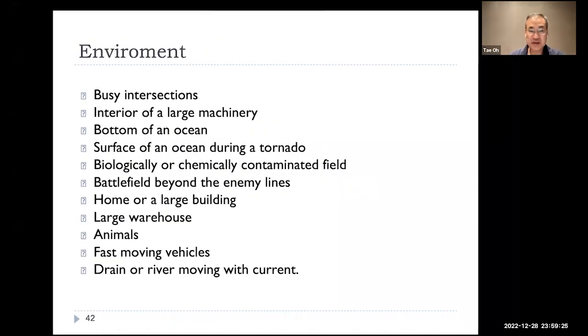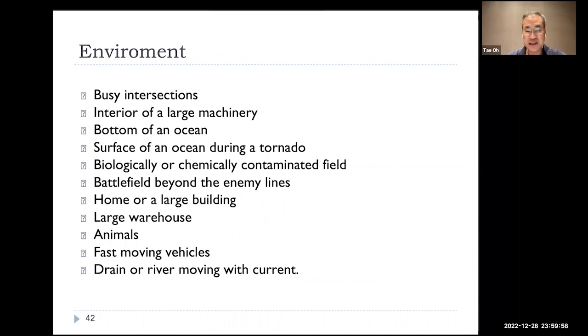So when you talk about the environment, there are a lot of cases, as you can see here. Is it located at busy intersections, where there are more challenges involved? A lot of interference. There could be a lot of cars. Is it inside large machinery, or is it at the bottom of the ocean? Now that itself brings its own challenges. How is it going to transmit all of that content from the bottom of the ocean?